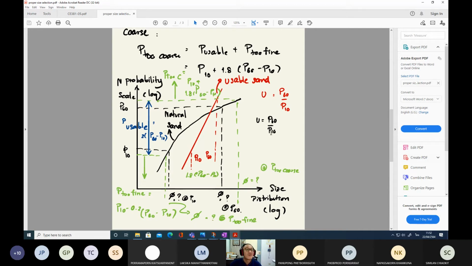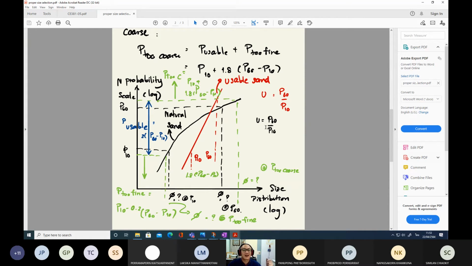As I told you, for the rapid sand filters, the effective size for the P10 needs to be 0.8. But for the slow sand filters, it needs to be 0.5 millimeters. Okay, 0.8 and 0.5 millimeters.